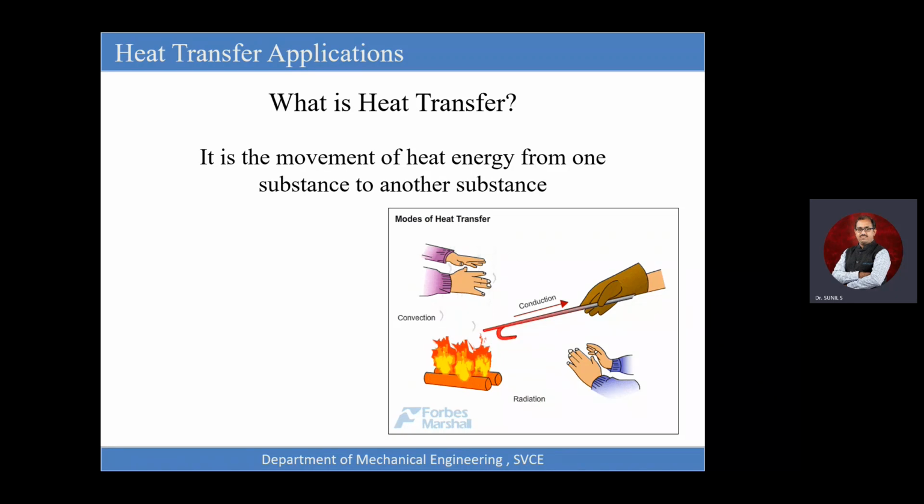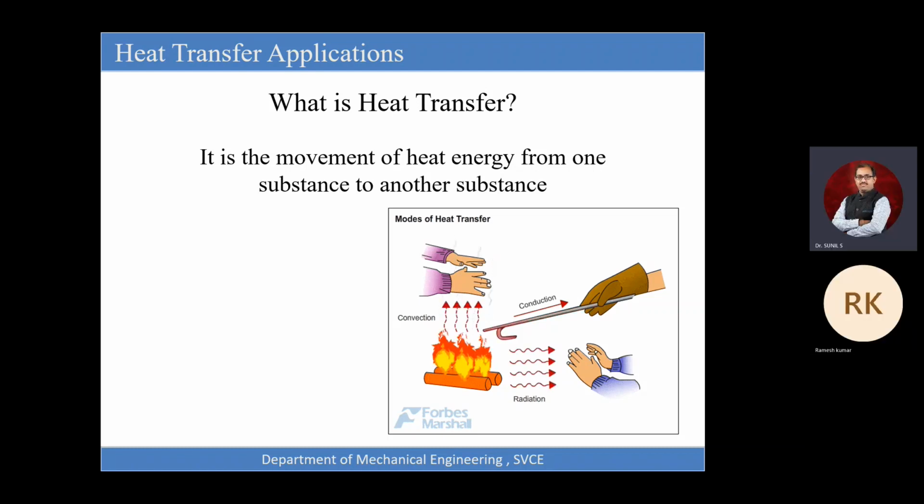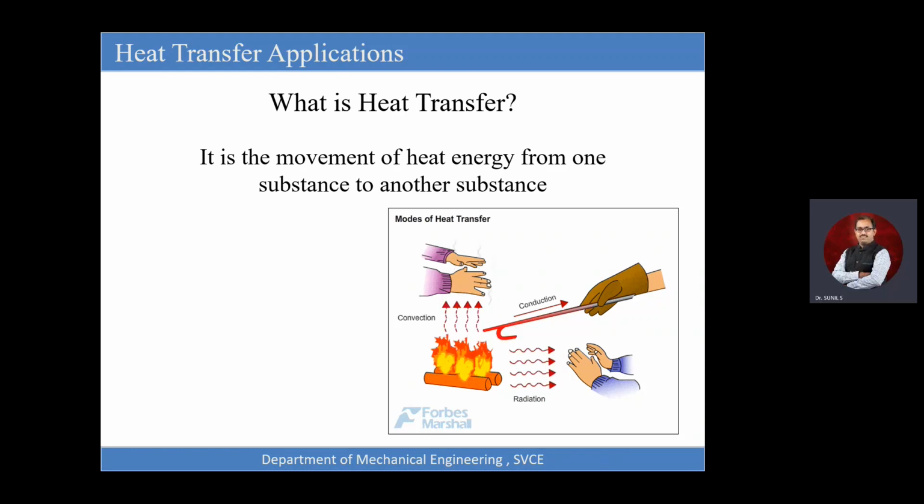Okay, they will be vibrating. When you supply heat, the intensity of vibration will be more. That intensity will be passed on to the next atom. The next atom starts vibrating at a higher rate. It gets heated up. Again, it will be passed on to next. Over a period of time, heat starts flowing from one end to another. Okay, so this is called as conduction. There is a conductor who can allow the heat from one end to the other end.